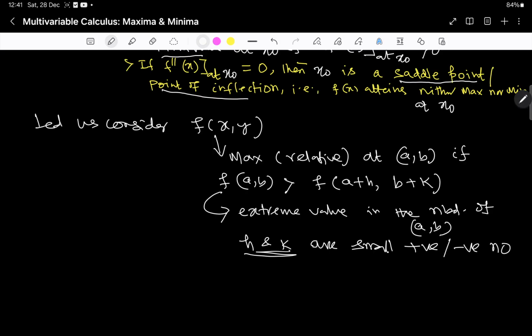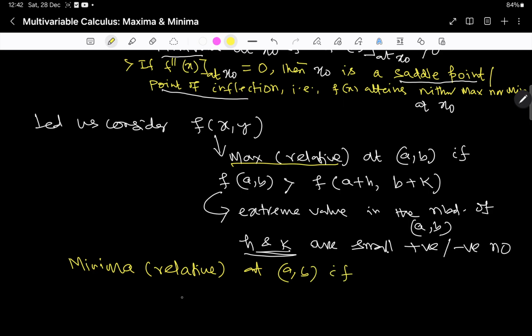Similarly, we can say that it attains the relative minima at (a,b) if this f(a,b) is the smallest value in this neighborhood, smaller than f of (a plus h, b plus k).